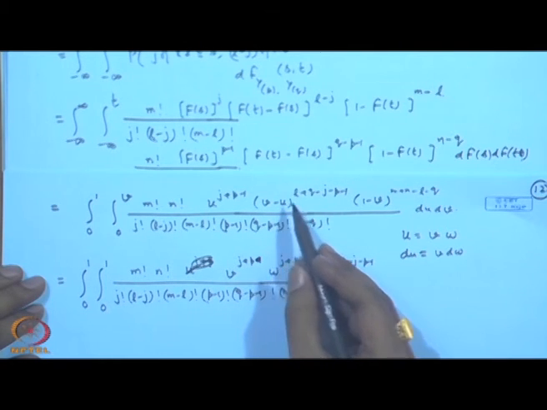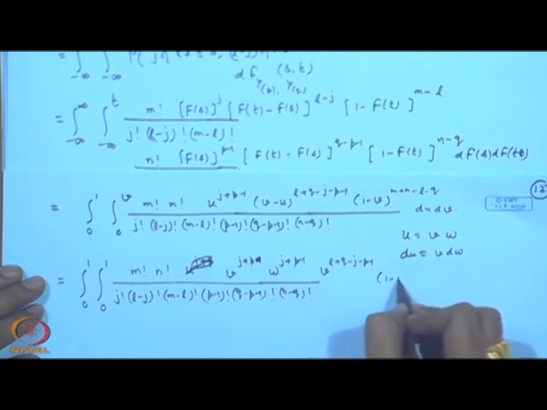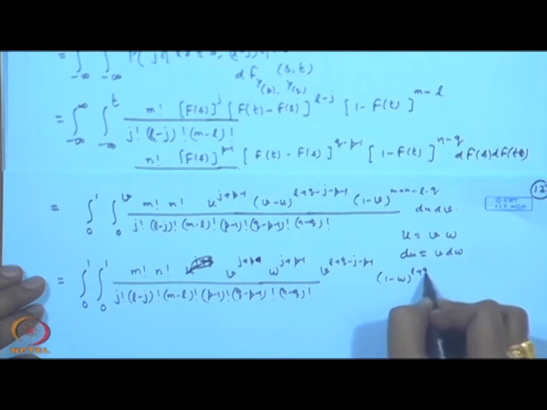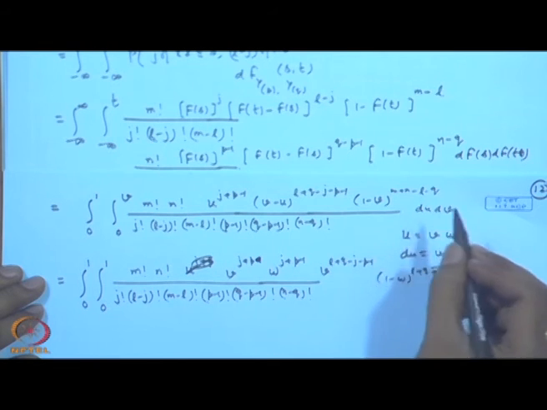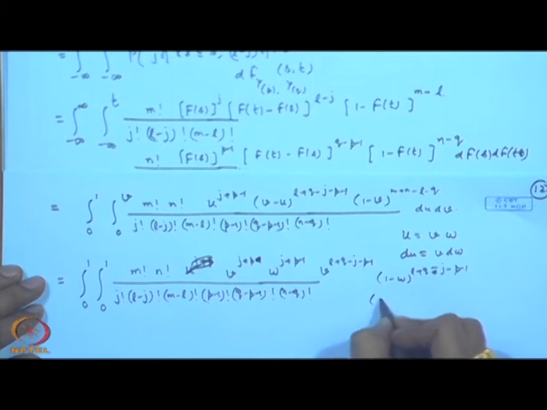So, v has come out. So, it will become 1 minus w, that is 1 minus w to the power l plus q minus j minus p minus 1, and then you have 1 minus v to the power m plus n minus l minus q, dw dv.